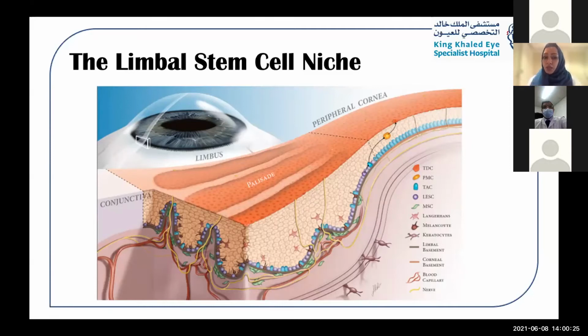The limbal stem cells are localized at the base of the crypts of the palisades of Vogt, as we all know. In that, there are also associated mesenchymal cells, pigmentary cells that protect those limbal cells from the harmful effects of the UV light. There's the nerves, there's the blood vessels, there's the extracellular matrix as well.